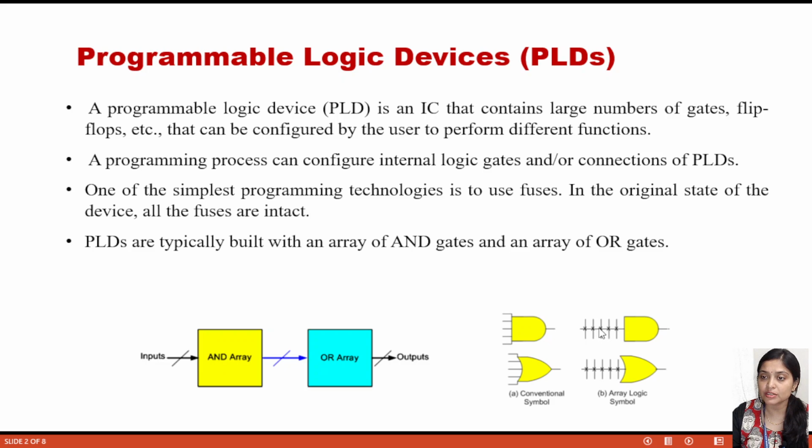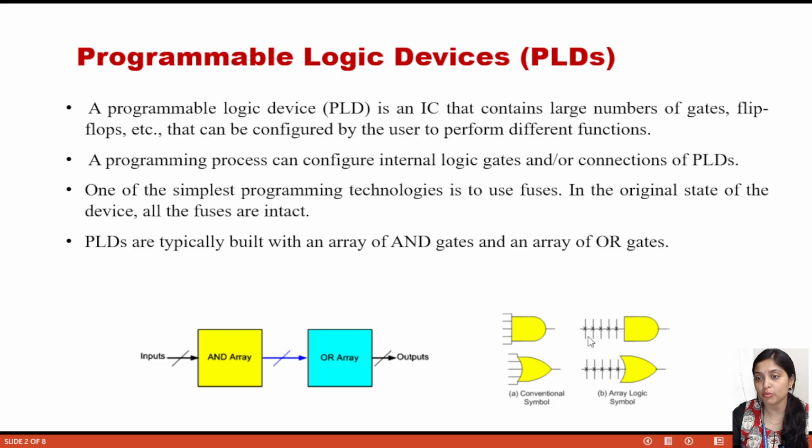These positions with a cross sign indicate that the input is coming. If there is no cross sign, that means no input is coming through this line. If there is no cross sign here also, that means no input is coming through this line. But in this condition, all the inputs are coming.